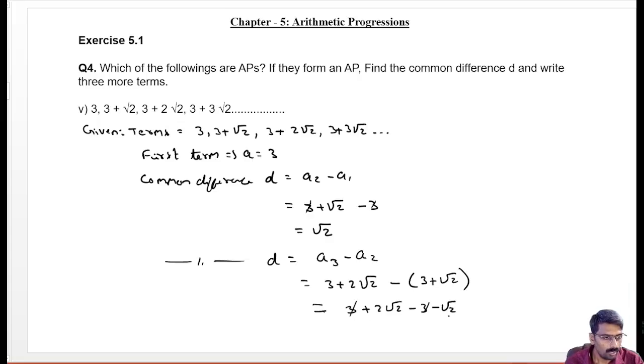So 3 will get cancelled, 1 root 2 and 2 root 2. So here it would be root 2.